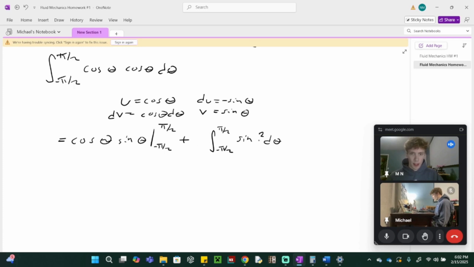And we know that sine squared theta is equal to 1 minus cosine squared theta, so I'm going to rewrite it as that in this case.